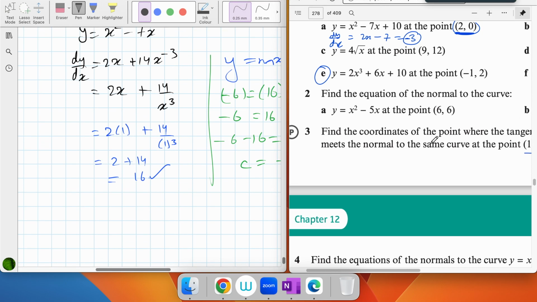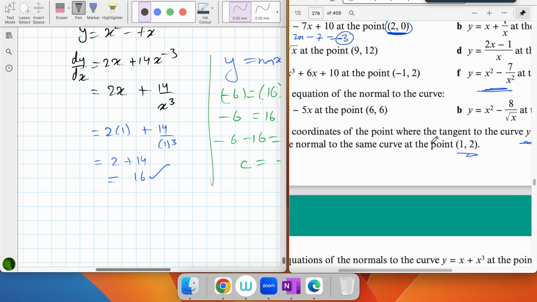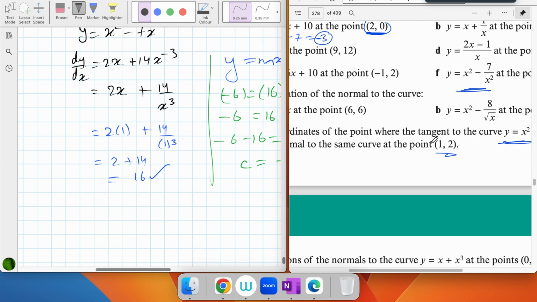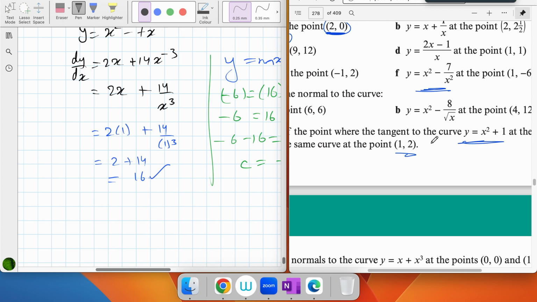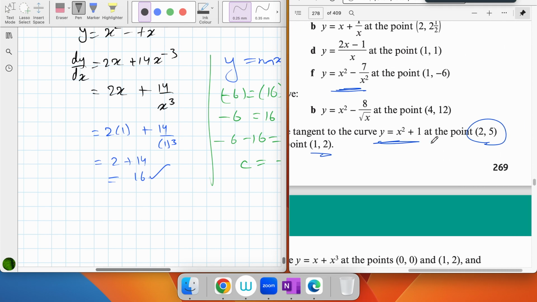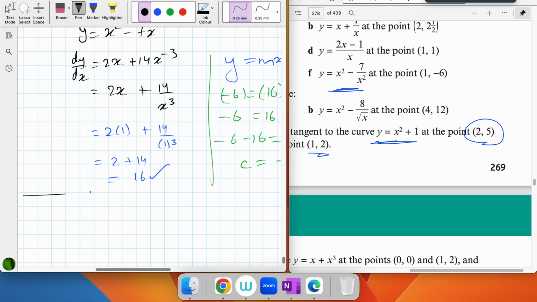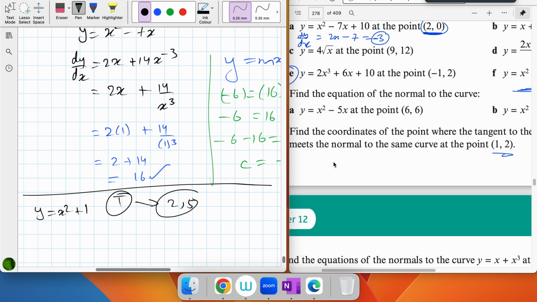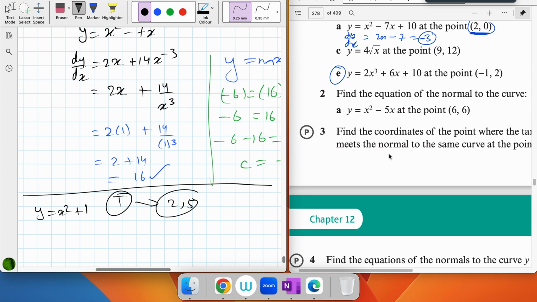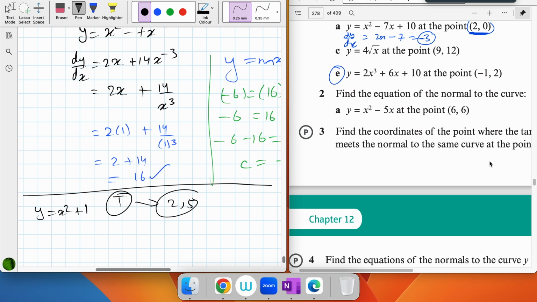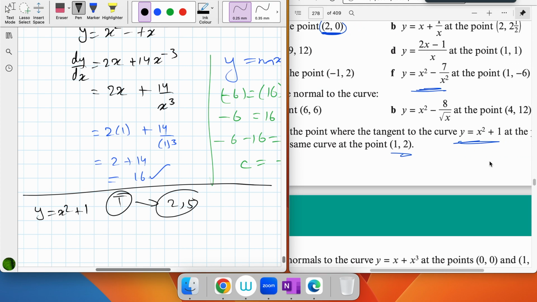Okay, question 3 says find the coordinates of the point where the tangent to the curve y equals x square plus 1, at point 2 comma 5, meets the normal to the same curve at point 1 comma 2.